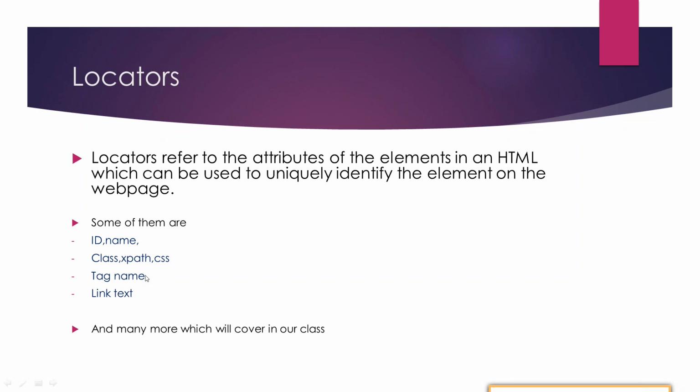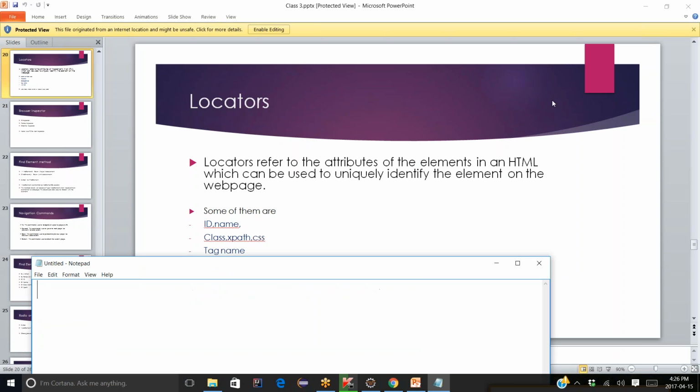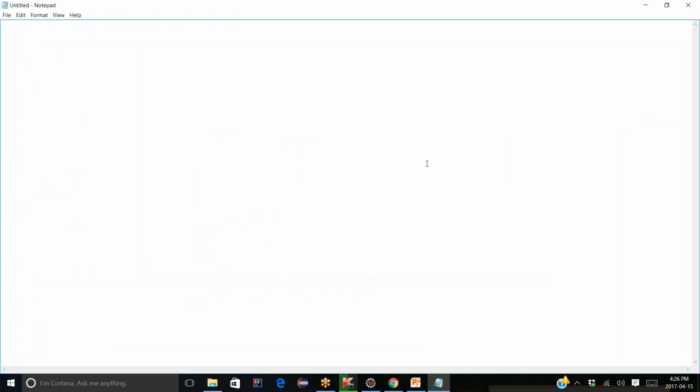We will discuss more about these 8 locators right now. Let me write for you, very importantly: how many locators do we have in Selenium? That's a very important question. The first locator is name. I'll show you all these things. The second locator is called class name.